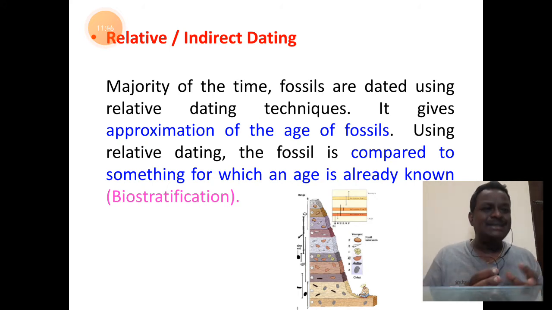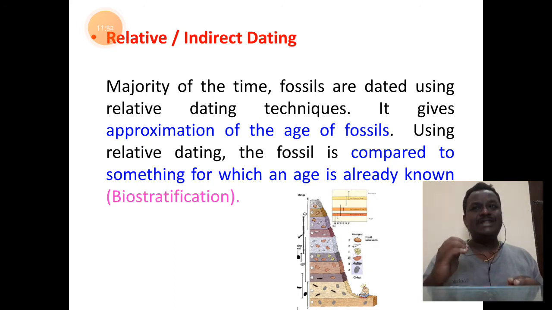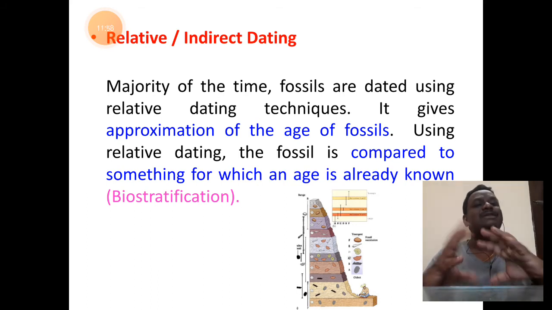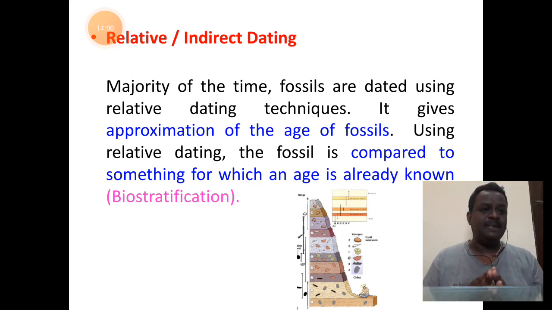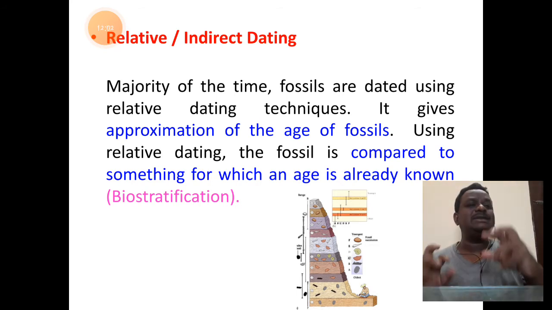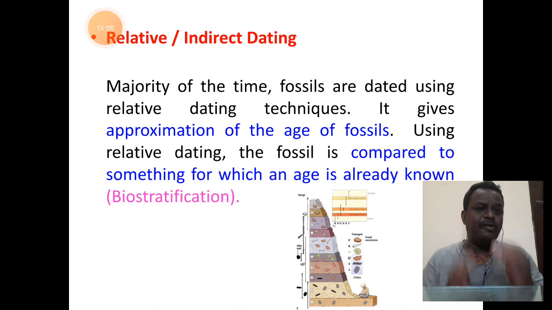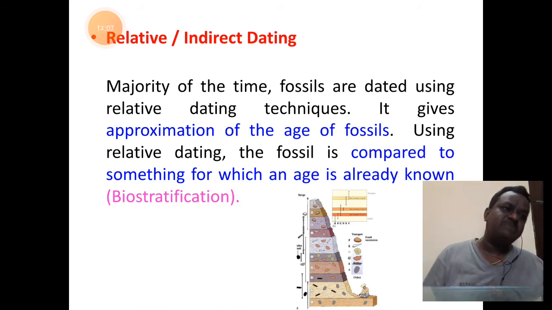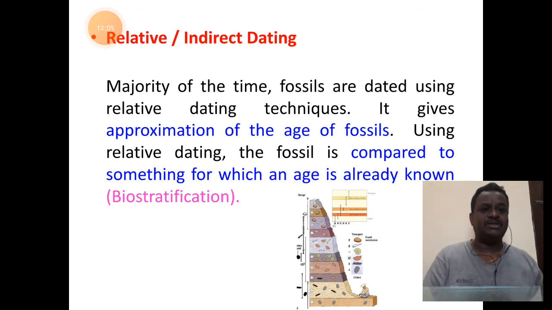These trilobites are arthropod and marine species which were seen in the Cambrian period of time. So its age is already predetermined. If we get a similar kind of trilobite fossil in another place in the same stratum, the same layer of the earth, we need not again go for determining the age of it.